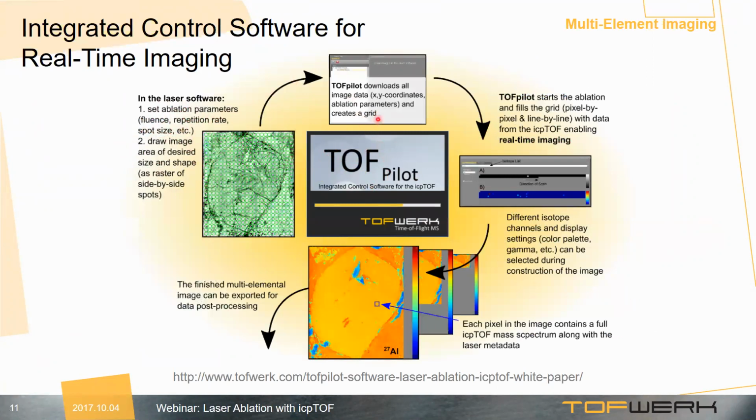Then in the TOFPilot software, you can download all this image information, so the XY coordinates and so on, and this will then recreate a grid. And then you can start the ablation from TOFPilot. Another really nice thing is that you can watch how the image is constructed in real time. So basically, you watch how each pixel is filled with data from the icpTOF.